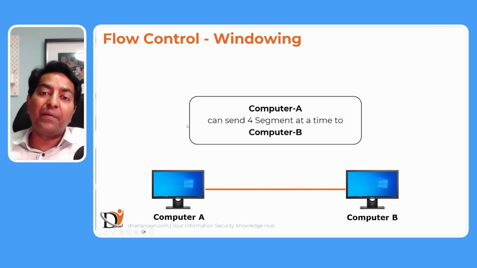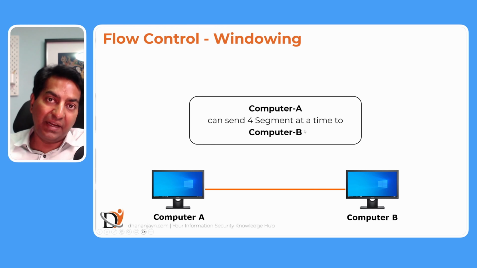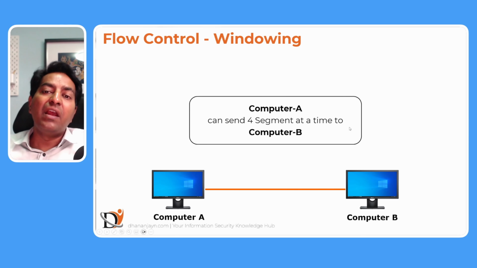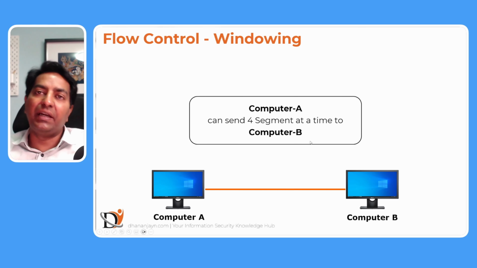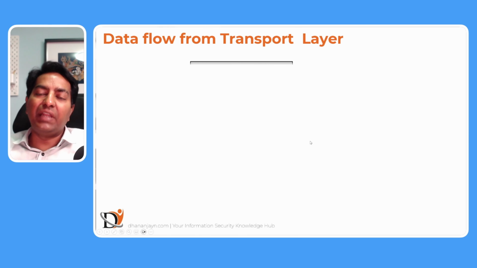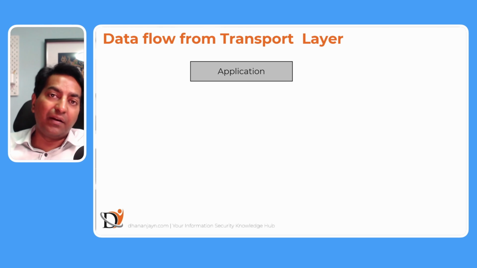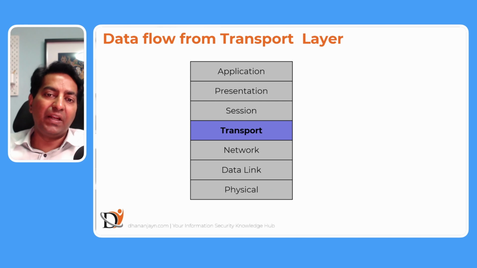Now here you can understand that computer A can send only 4 segments, right? Nothing but the windowing function, at a time to the computer B. So that's where the flow control is also controlled using transport layer.